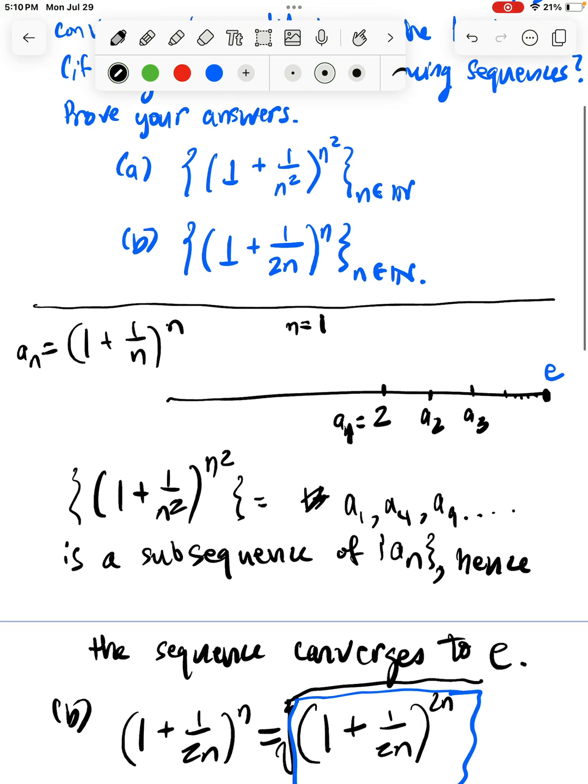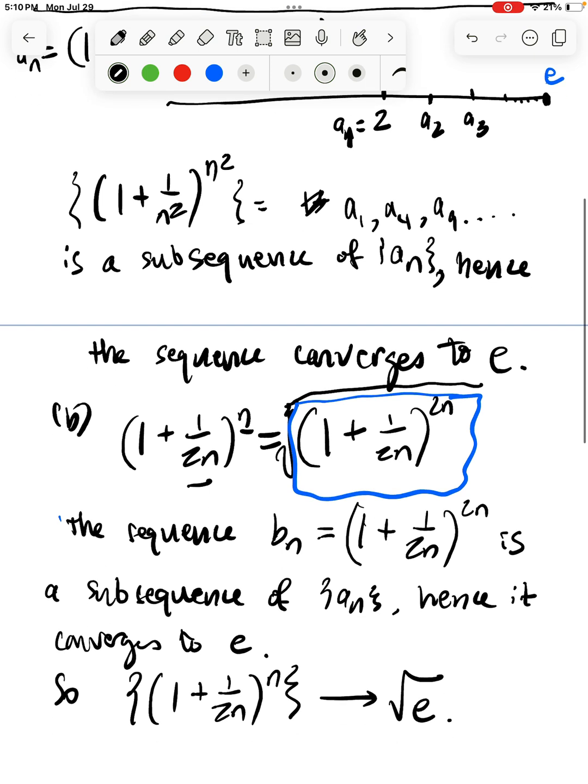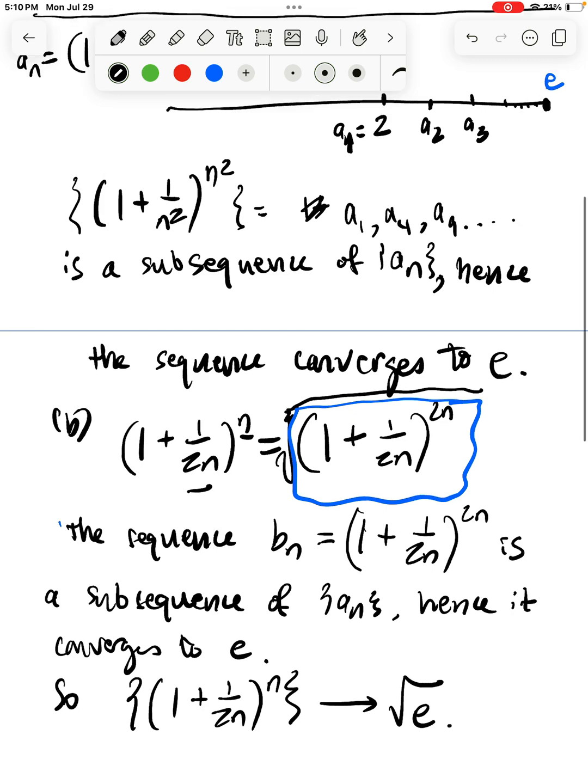B, you have to recognize that I have this mismatch between the 2n here and the n here. Then you can do some algebra to rewrite it with the square root, and then you recognize that the inside is a subsequence, so it converges to the same limit, and then you have the square root, and it converges to the square root of e. Okay, so that's the answer to this problem.